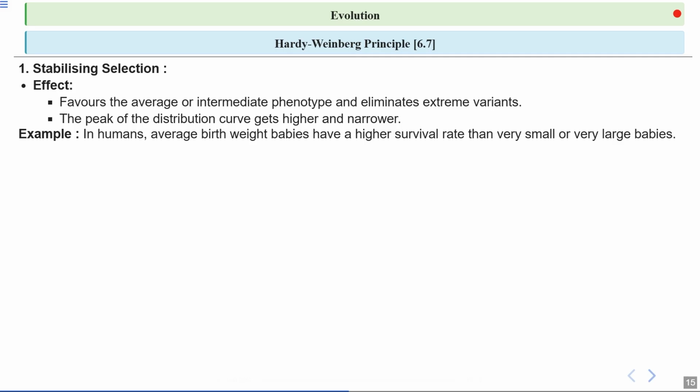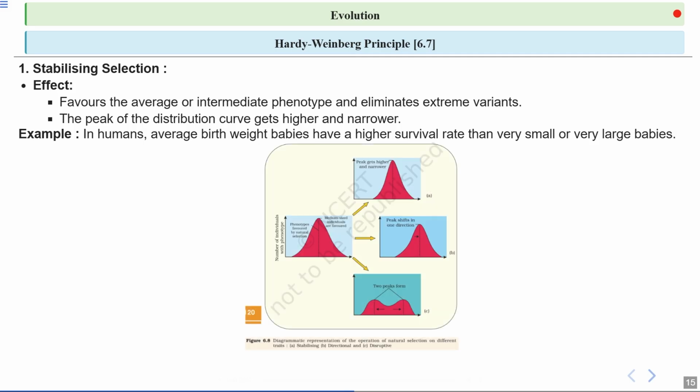Example, in humans, the average birth weight babies have a higher survival rate than very small or very large babies. This is an example of stabilizing selection. So in this image, you can see the stabilizing selection. Initially, you have this original population.